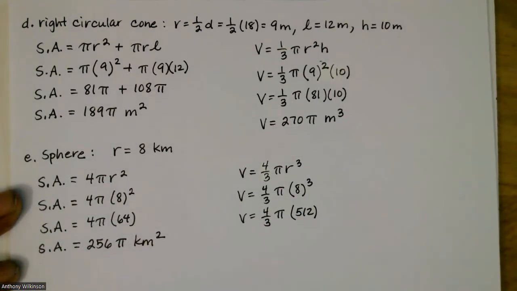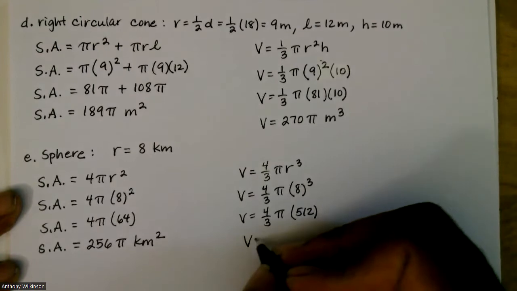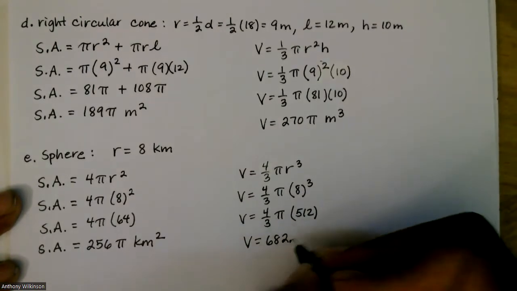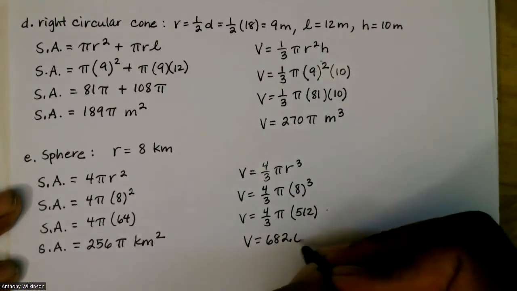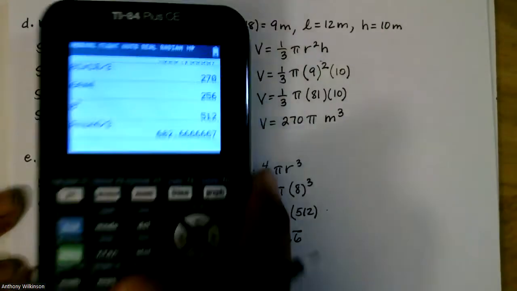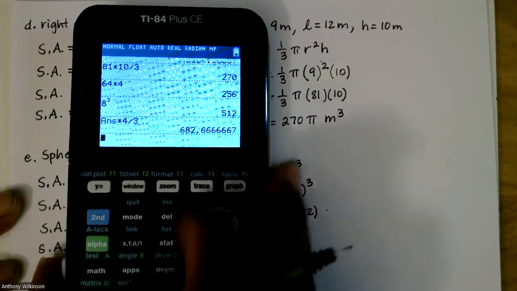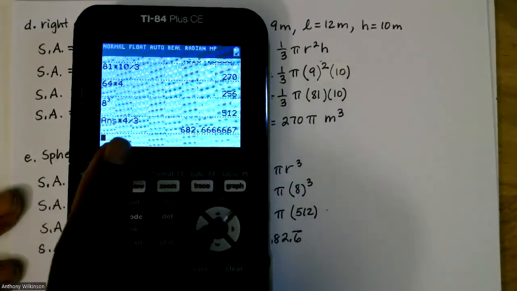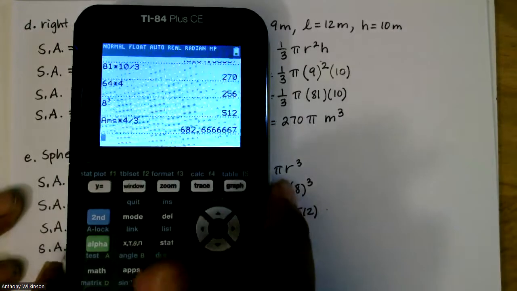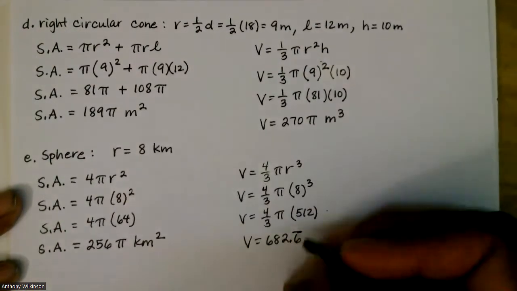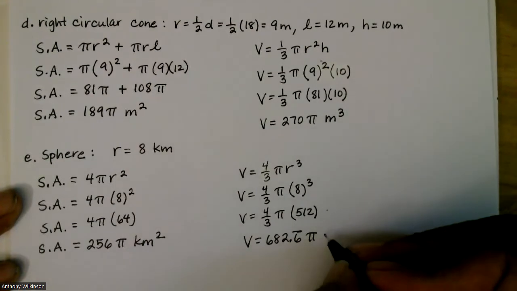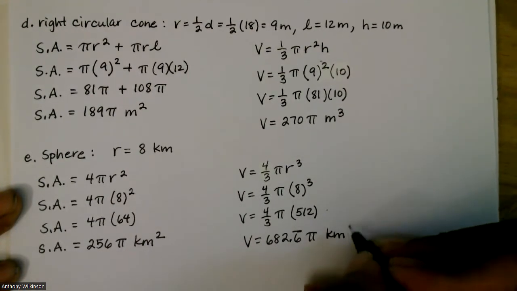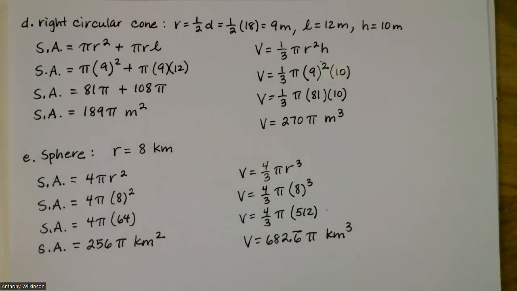And if I do 512 times 4 divided by 3, I get a repeating decimal here, which is 682 point, and the 6 repeats. Because I have 512, multiply by 4 divided by 3, you're going to get 682.6 repeating, and you do need to include the pi, and also make sure you include cubic kilometers as your answer.